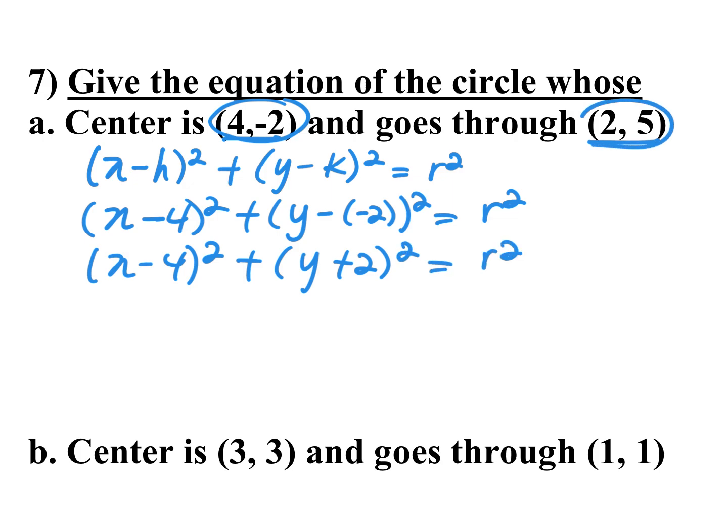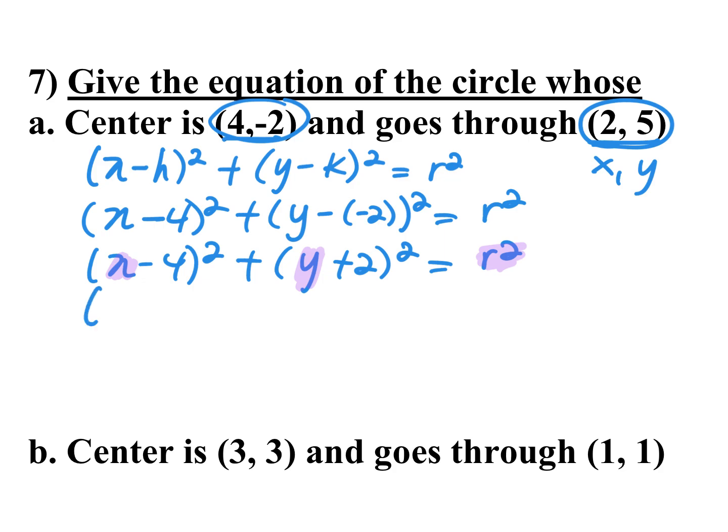Now we're going to use this point. Let's put this as your x and y. We're going to substitute it in the equation here. Once you substitute, you are going to be able to find your r squared. Okay, so let's do that now.